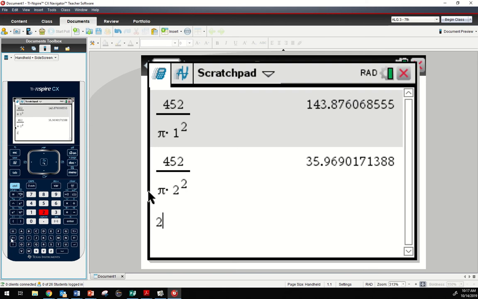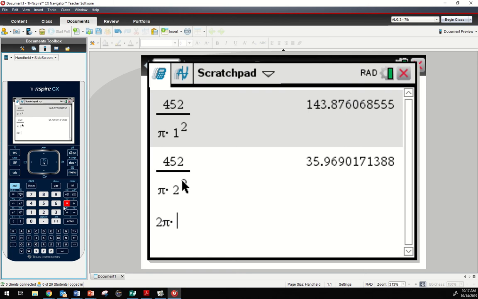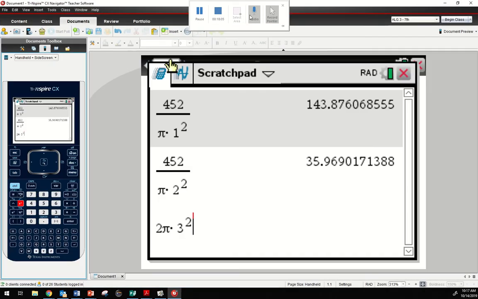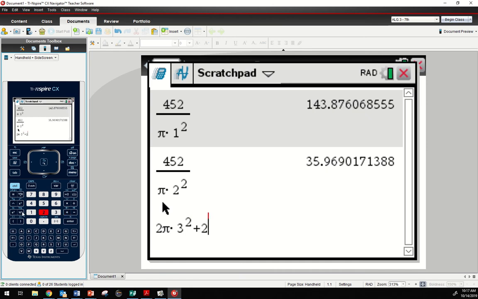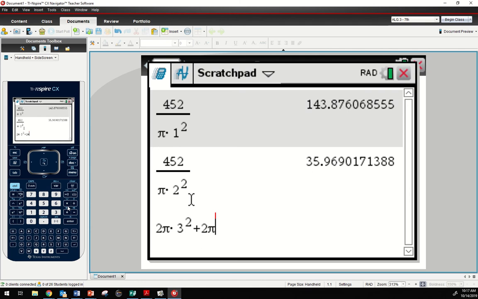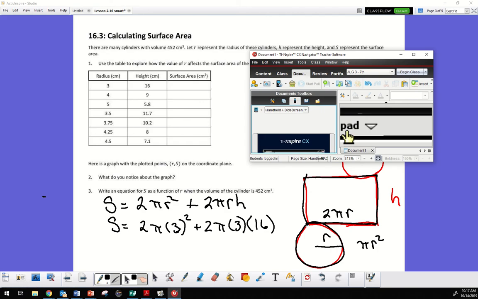Two pi times 3 squared, so I don't mess this up, plus 2 pi times 3 times 16. 3 and 16, right?